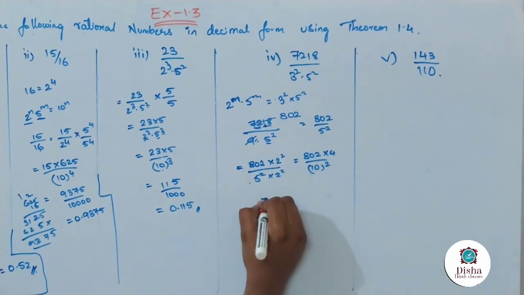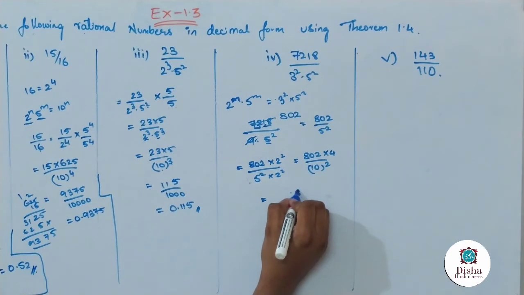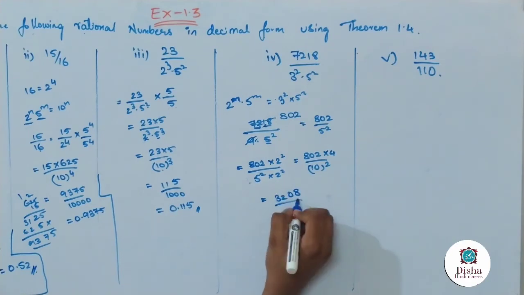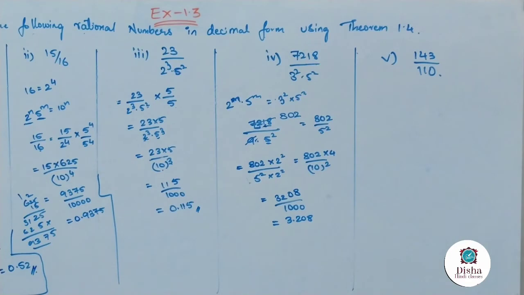So 802 into 4 will be 3208, divided by 1000. So what we get? 3.208.